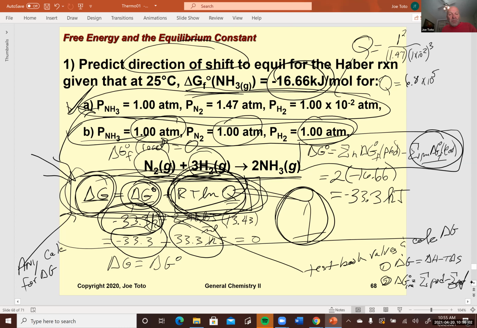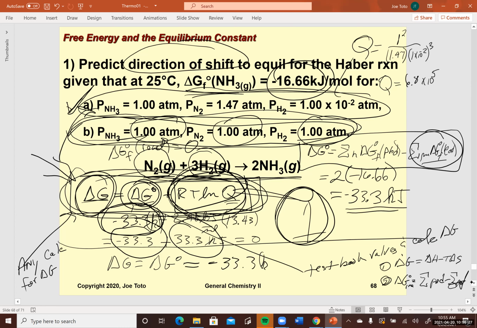B mixture, it turns out that this is the standard state mixture, where I get a delta G value of minus 33.3. It's negative. So this delta G equals delta G standard, which is minus 33.3 kilojoules.